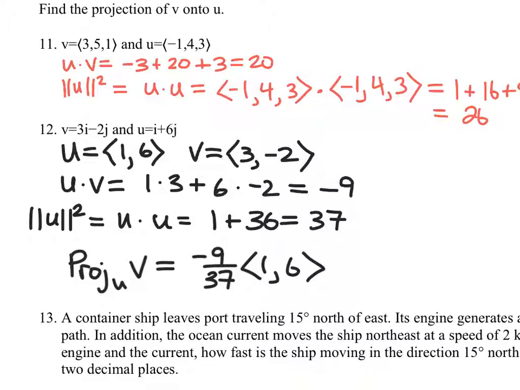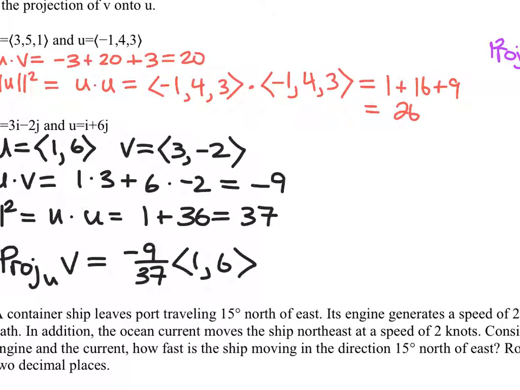All right, and then we just run it through the mill. So just distribute. Negative 9/37, and then, well, it's not going to simplify, so negative 54/37.